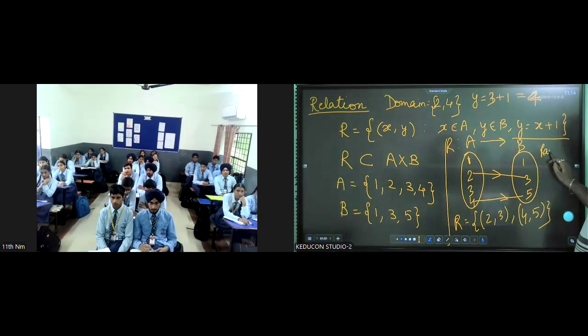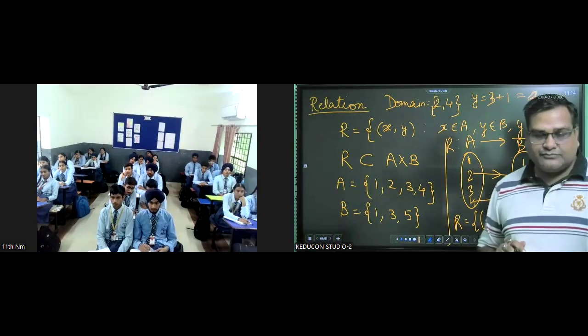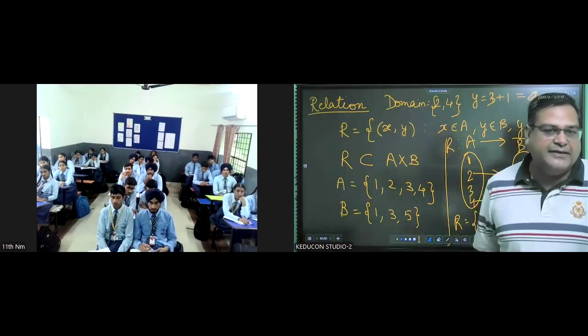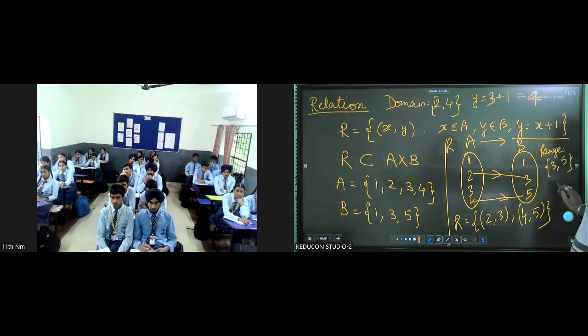Range will be 3 and 5. And what will be the codomain? Entire set B, right? 1, 3, 5. So codomain will be set B. Is this clear?